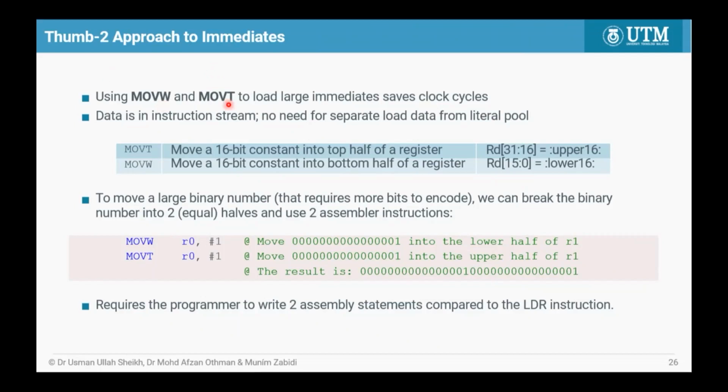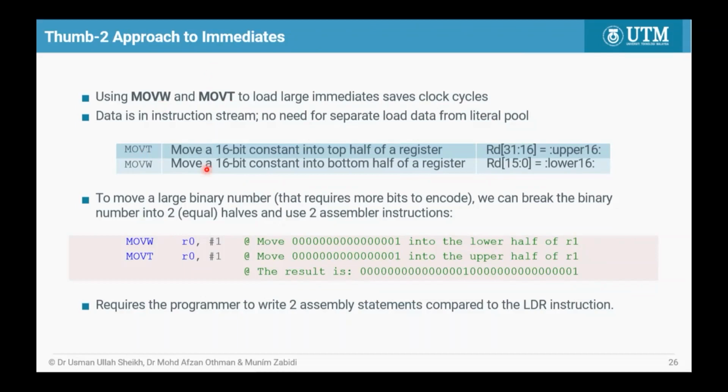This is the instruction here. MOVT moves a 16-bit constant into the top half of the register, and MOVW moves another 16-bit constant into the bottom half of the register.